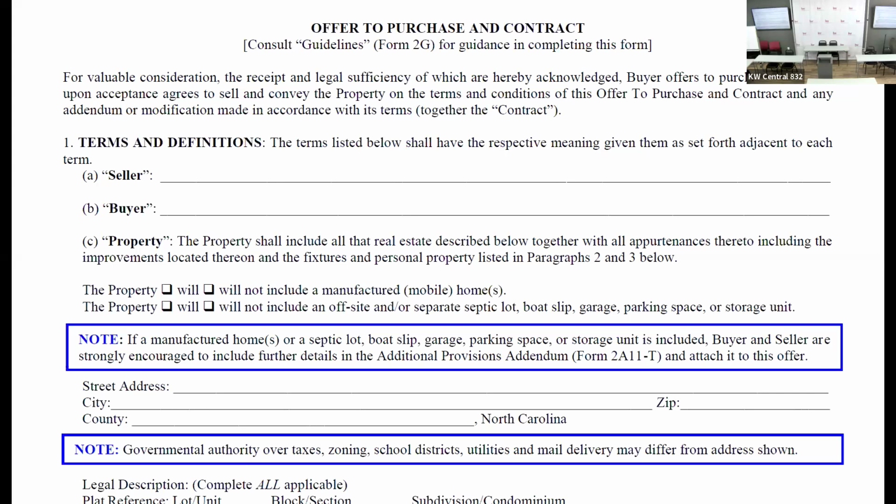So, seller: fill in the complete name of all sellers. So this would be Pete Gladwell. Well, actually, it would be Pete's real name, and wife, Elizabeth Gladwell. Pete, I forgot your real name.